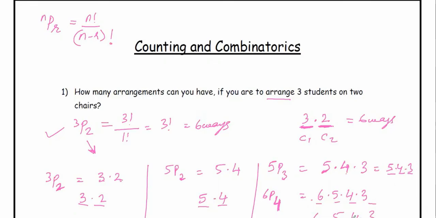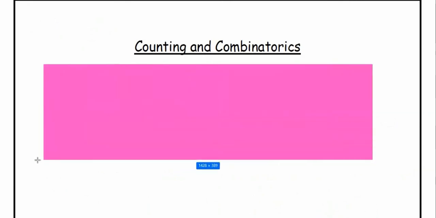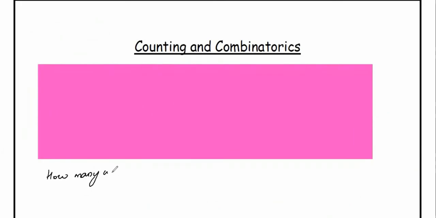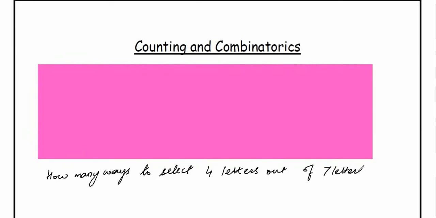The only thing that you need to remember is that if it's a combination question, suppose there was a question: how many ways to select 4 letters out of 7 letters, for example, then it would be 7c4.